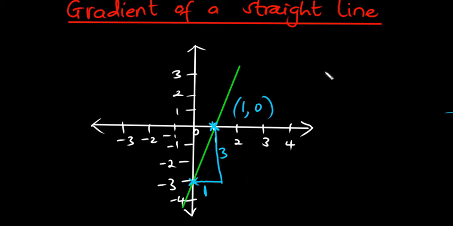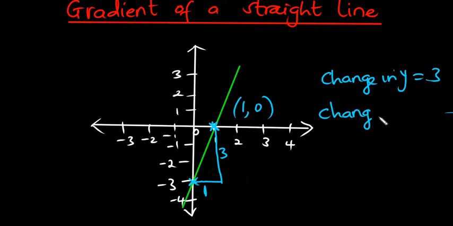So change in y is equal to 3. That is, there is a difference of 3 units between those 2 points. And change in x is 1. There is a difference of 1 unit along the x-axis between those 2 points. With this we can now find the gradient of this line.